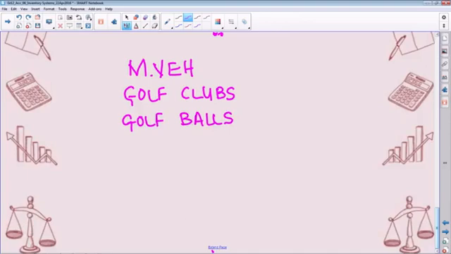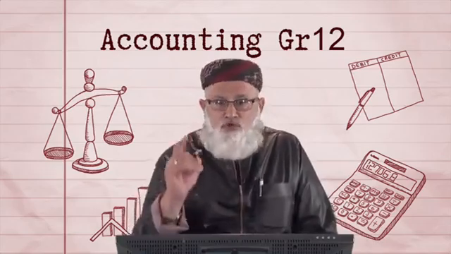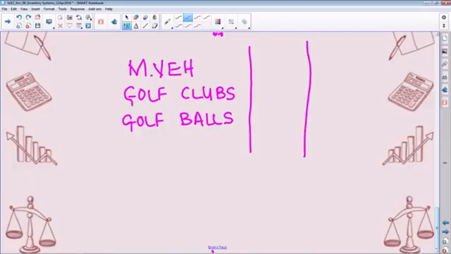I want you to assign each item here to a specific stock valuation method without repeating any of the methods. You've got a minute to do that. That means take the stock item and say, which stock valuation am I going to use for motor vehicles, which one for golf clubs, and which one for golf balls? But each one you can only use once. You've got a minute, go for it.